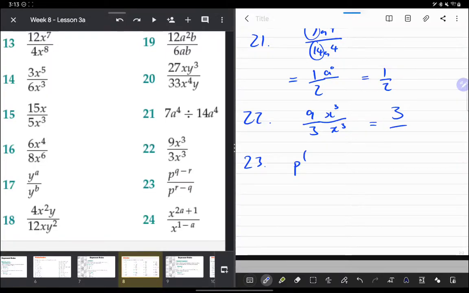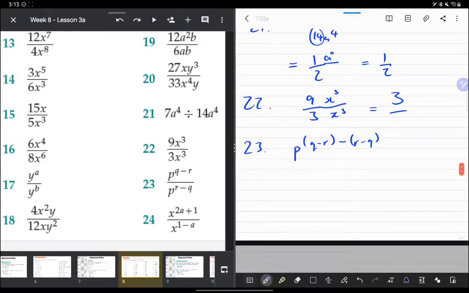So the answer of this should be, so this is where that law becomes better than just us thinking about canceling it out. Thinking about us subtracting the exponents makes better sense now. Cool. Let's just undo those brackets.